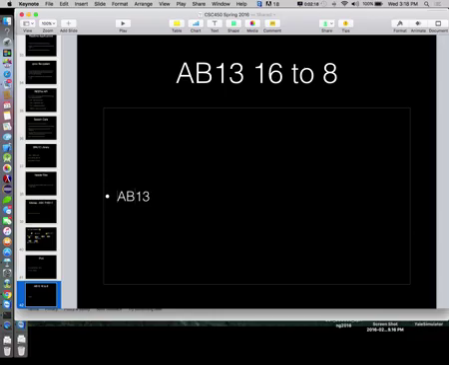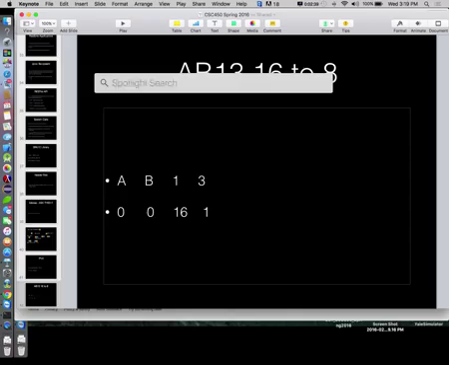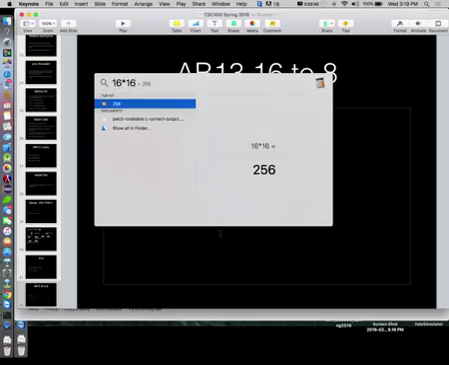AB13, let's put some spacing in here. This is the ones place. This is the 16s place. This is the 256 place. 16 times 16, and then 4096.